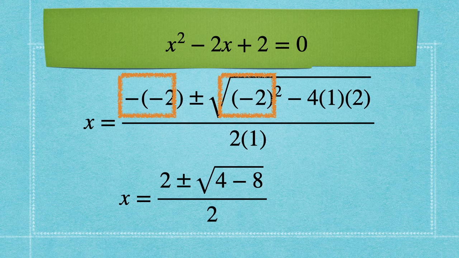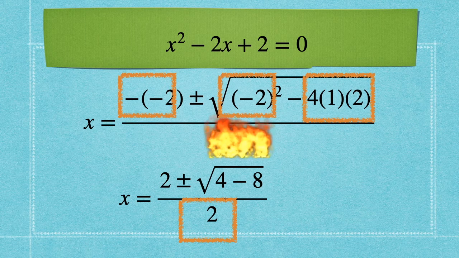Squaring the negative 2, we have positive 4. Then we work with minus 4 times 1 times 2. That's a negative 8 underneath the square root sign. Now in the denominator, we multiply 2 times 1 to give us 2.